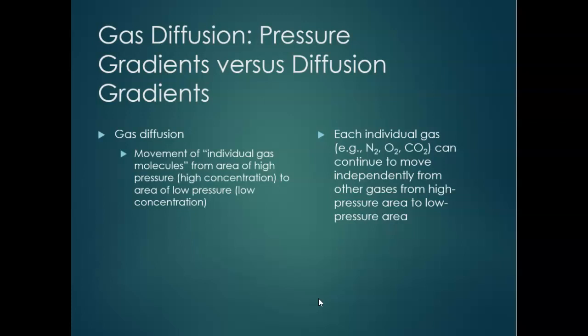So gas diffusion is the movement of individual gas molecules from areas of high pressure to areas of low pressure. Those individual gases continue to move independently of each other. That's what we're talking about with diffusion. Again, this is going to factor in when we talk about how oxygen moves from alveoli to blood versus how CO2 moves from the blood to the alveoli during normal ventilation.